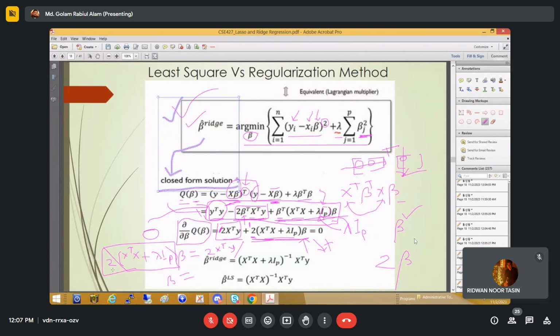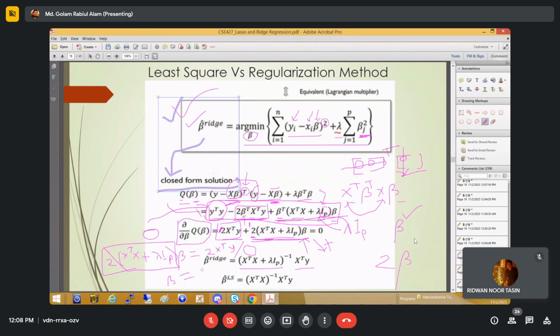So then we will get x transpose y divided by x transpose x plus lambda I. But actually x transpose x, we will get this term in the denominator, and we can write this as the inverse. So x transpose x plus lambda I, here is the inverse, and then the x transpose y.